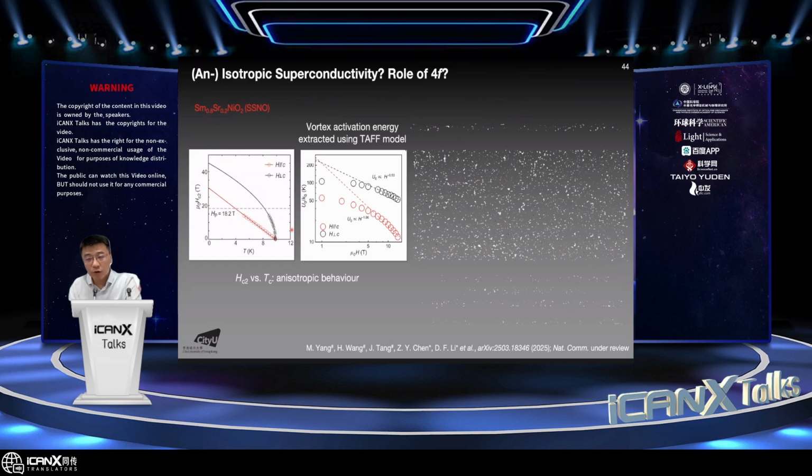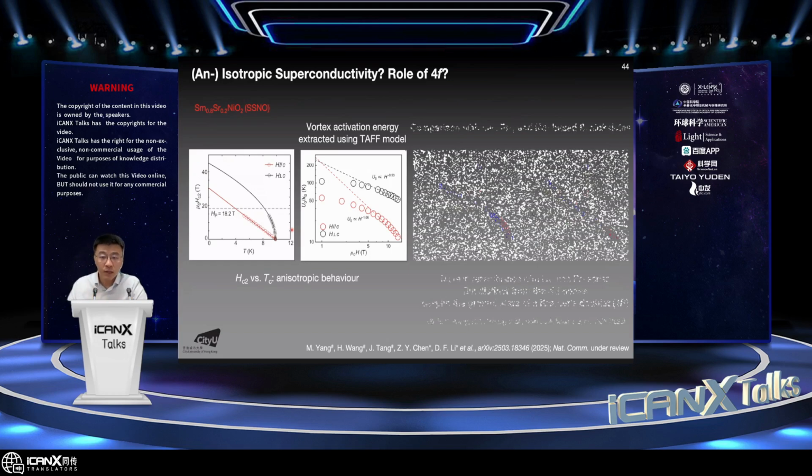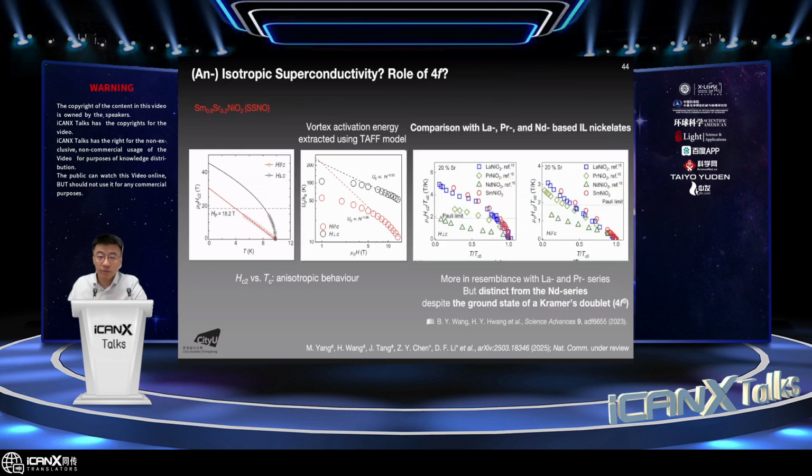However, what is surprising or interesting here is that samarium, in terms of its ground state electronic structure, particularly considering the 4f electrons, should look more like a neodymium nickelate, which was already reported previously in the literature. But their upper critical field behavior is quite different.